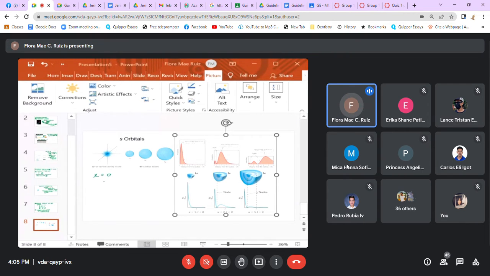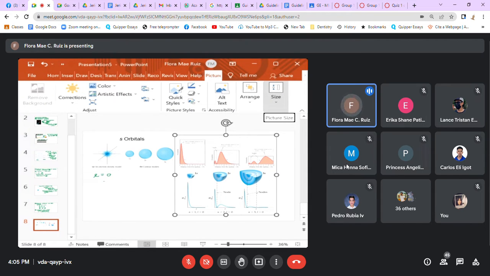So 1s, 2s, 3s: 1 meaning 1 peak, 2 meaning 2 peaks, 3 meaning 3 peaks. The number of nodes, meaning the bottom part as labeled, where there is 0 probability of finding an electron, is n minus 1.